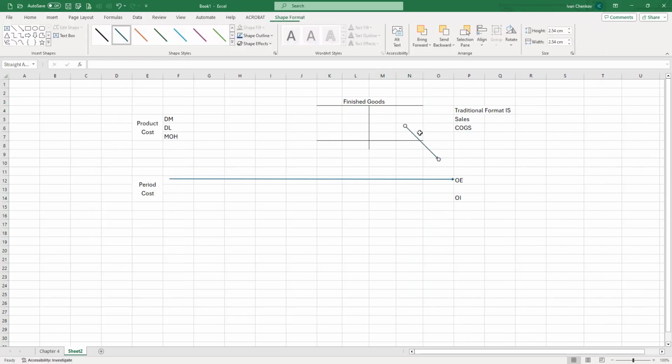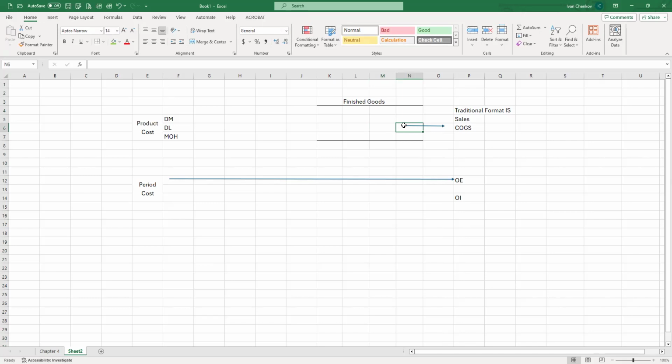And we already talked about that those finished goods, before becoming a cost of goods sold, have to become inventory. How are they going to become inventory? When we produce the product. Where are we going to produce the product? We're going to produce it in this account, which is called work in process.